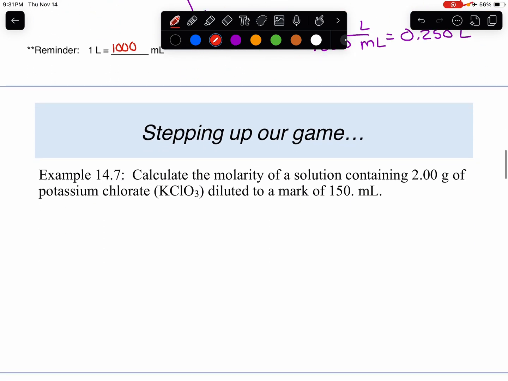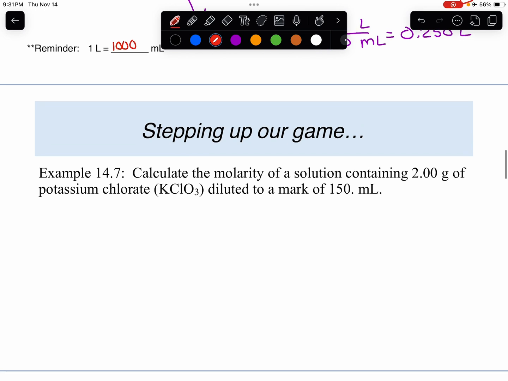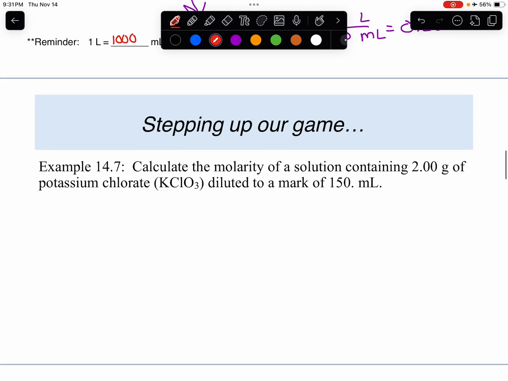So let's go ahead and do another problem that takes it one step further here. Calculate the molarity of a solution containing 2 grams of potassium chlorate, and we are given the formula, and it is diluted to a mark of 150 milliliters. So remember, they're probably using a 150 volumetric flask to make this solution.